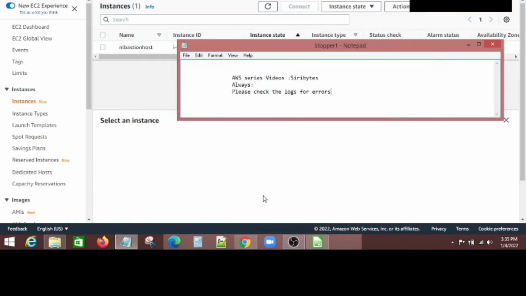To create this Bastion host, all I used is the free tier AMI.